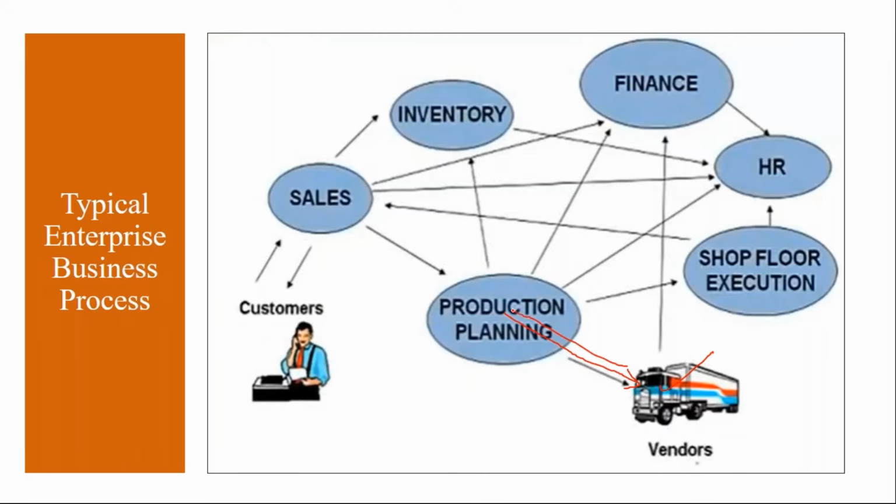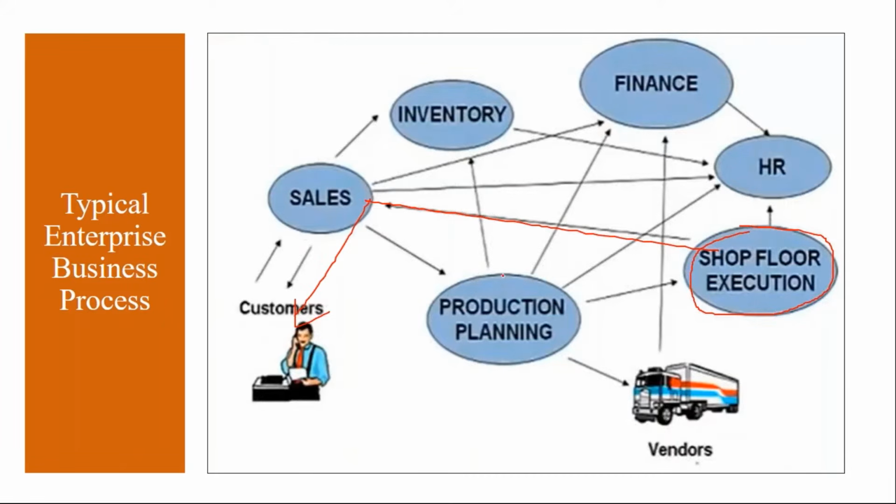Once the raw materials are purchased, they will forward them to the shop floor production manufacturing team. If the manufacturing team needs any manpower, they will contact HR for labor resources. Once the shop floor team manufactures the product, they will forward it to the sales team, and then the sales team will sell the product to the customer.